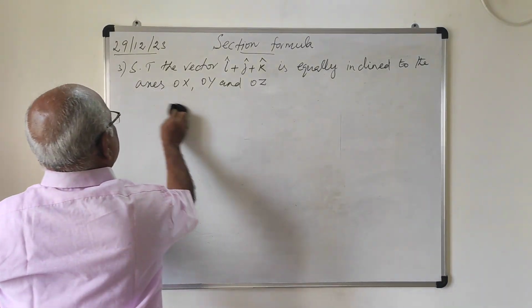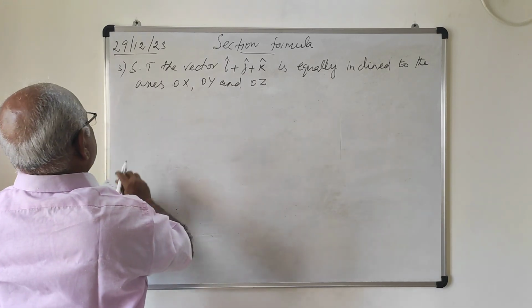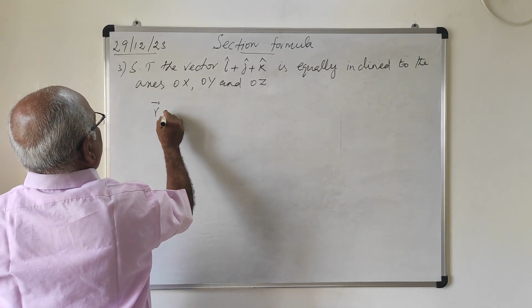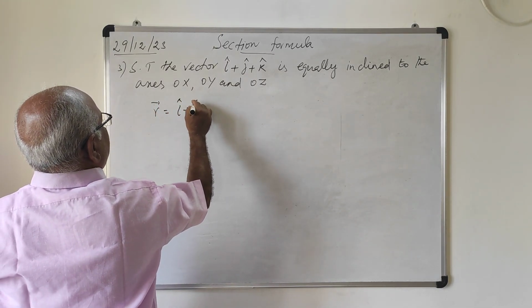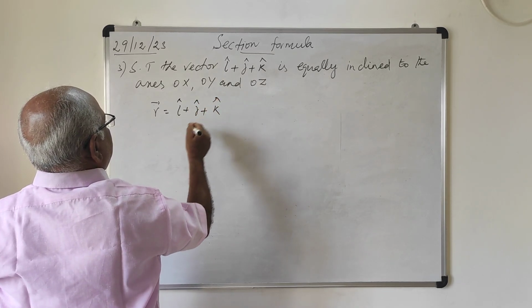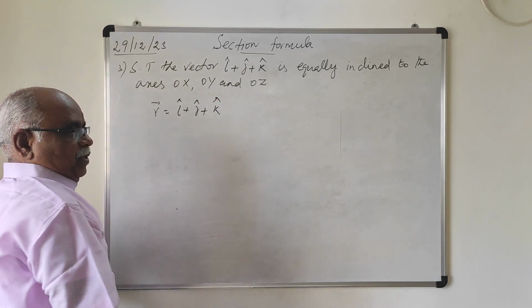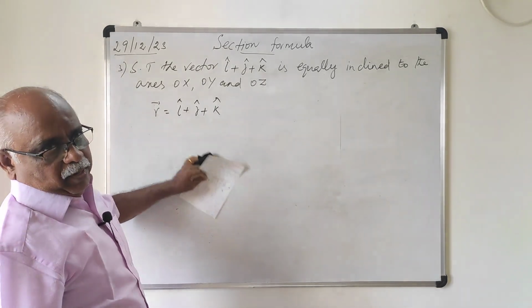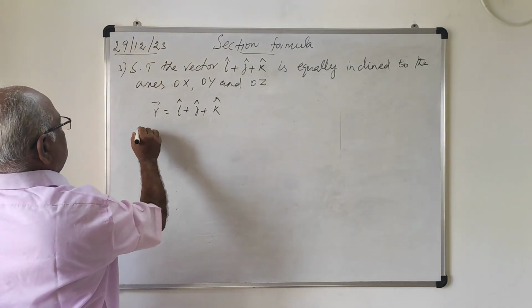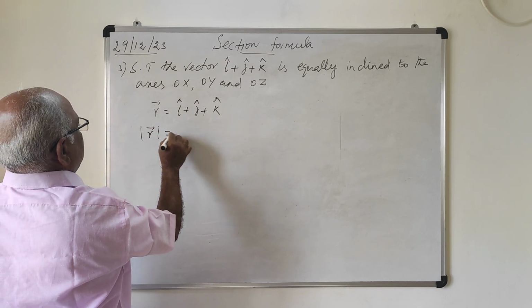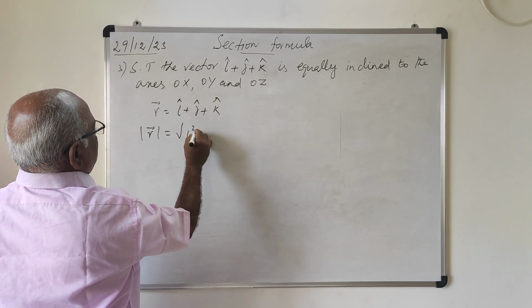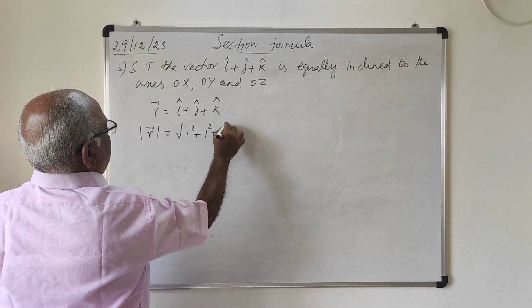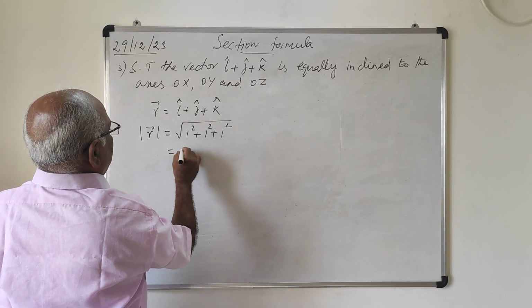Consider the given vector as R. R vector is i plus j plus k, that is xi plus yj plus zk, where x coordinate is 1, y is 1, z is also 1. Mod of R is the root of 1 square plus 1 square plus 1 square, which is equal to root 3.